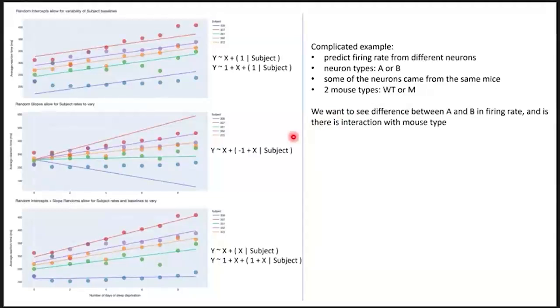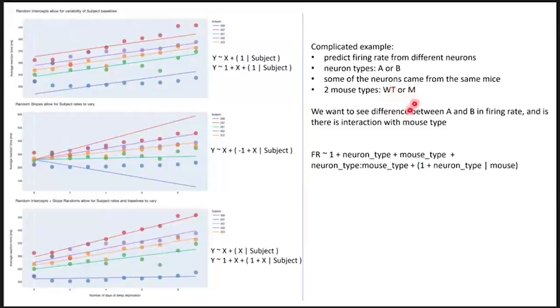So I'll just show the answer if you're thinking. It's not that difficult. We go, the firing rate is by 1, I just include an intercept, plus neuron type, which is the A-B neuron type, plus mouse type, which is wild type or mutant, plus the neuron type and mouse type interaction. And we correct for an intercept and the neuron type per mouse.